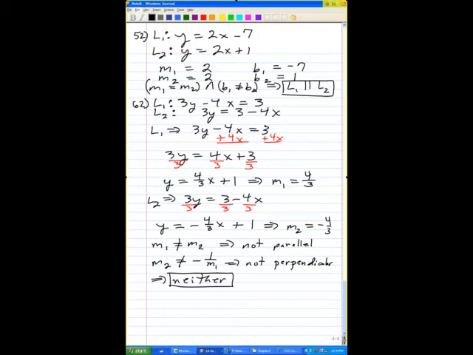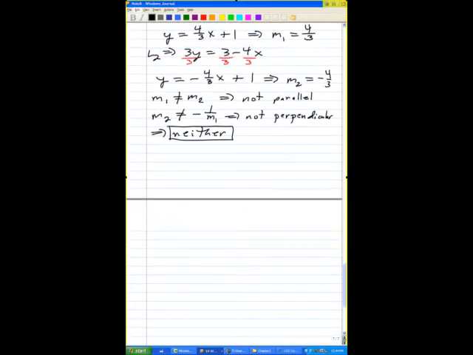Let me do problem number 74. So let's say L1, y equals 2x plus 3/2, and L2, y equals negative 1/2 x minus 1/2. Well, for L1, the slope is 2.